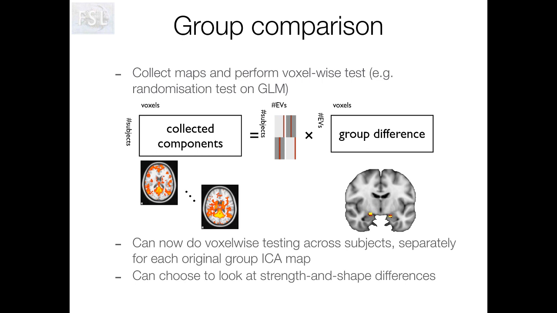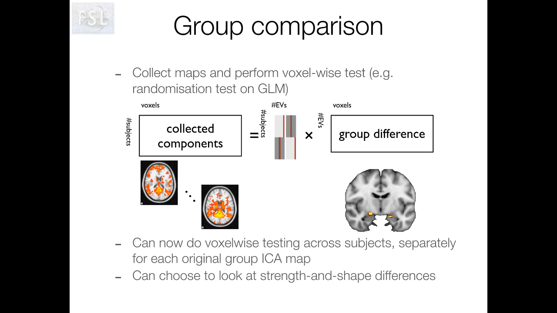Then we run a GLM, the same as how it's performed in a task fMRI, and the result for each group-level ICA component or each group-level network would tell us where there was a significant difference in strength and shape in this network as defined by the contrasts.